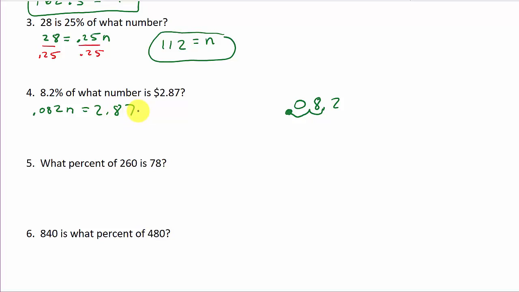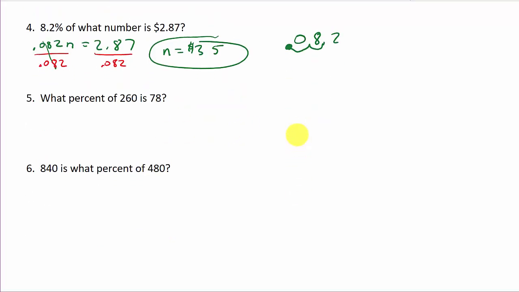Okay. Alright, so once again we need to solve here, so I'm going to divide both sides by 0.082. And so that's going to give me n. See, they'll cancel out here. So n is 2.87 divided by 0.082. And that gives me 35, and that would be $35 because we're in dollars. Okay, there's your answer.